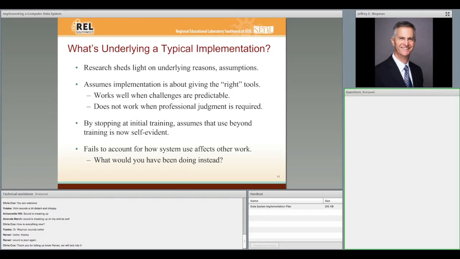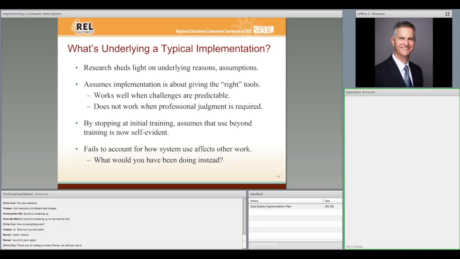Research also shows that it doesn't work as well in contexts where you use a lot of professional judgment, like teaching, like education. That's because professional judgment is influenced by so many different things. It's influenced by your background, your training, your experience, politics, and a lot of different things, and there are infinite combinations of this.